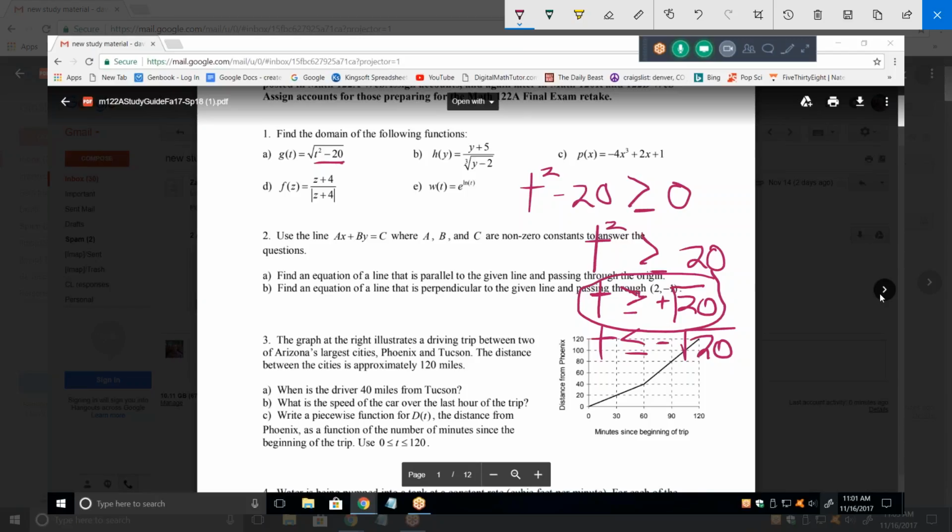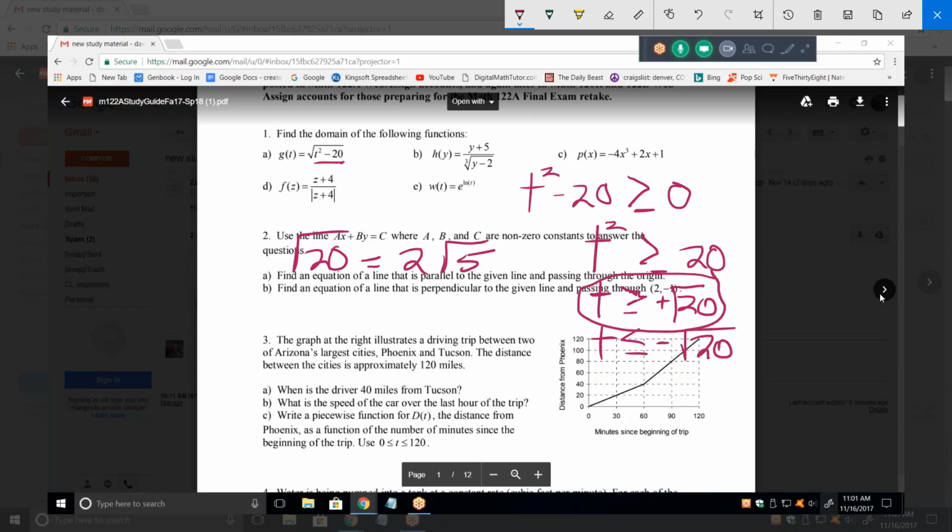Now, square root of 20 simplifies to what? That's not simplified. Let's see. It'd be 2 square root of 5.